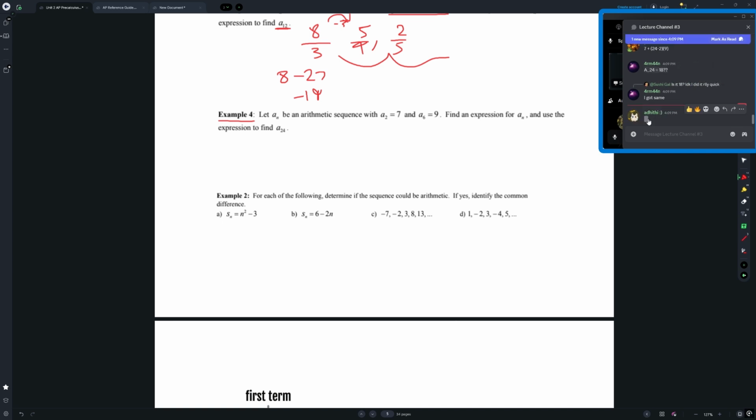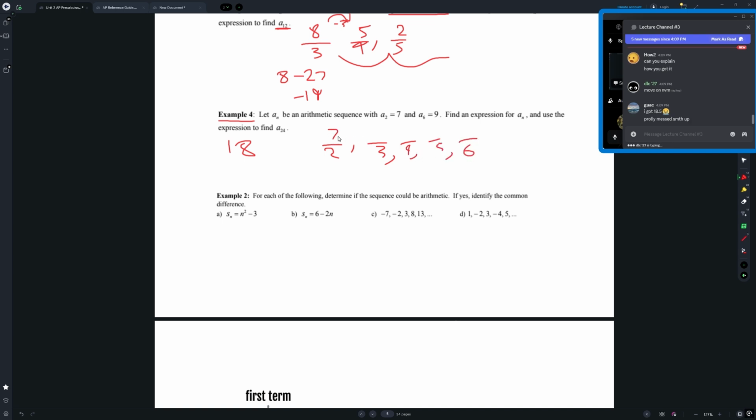Yep, the answer is 18. Anyone have any questions on it, or can we just move on? Can you explain? Sure. We first have to find d, and I'm going to do it the same way as before. We have the 2nd, 3rd, 4th, 5th, and 6th terms.